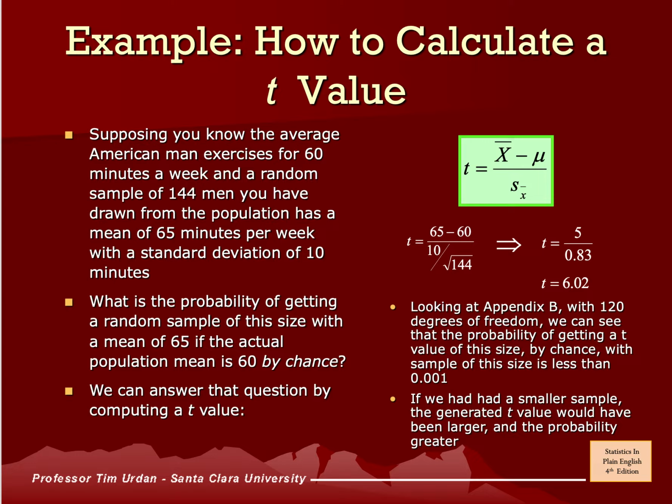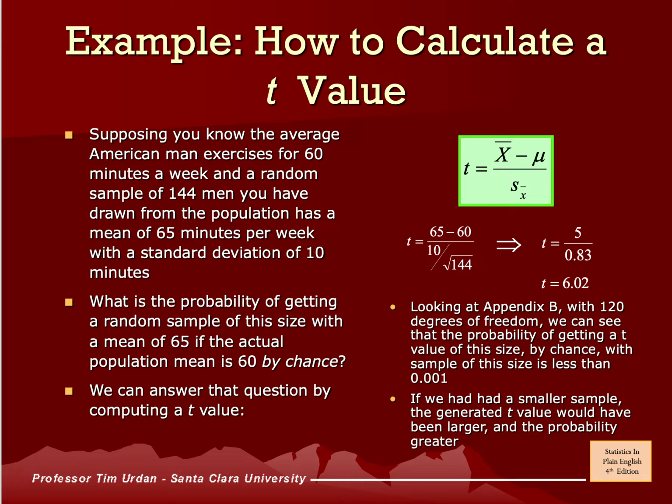I'm not done. I then have to go to Appendix B. I have roughly 120 degrees of freedom because I'm around 144, so I'm just identifying the closest value in that table that I can utilize. And I want to look at this sample at the 0.001 significance level.